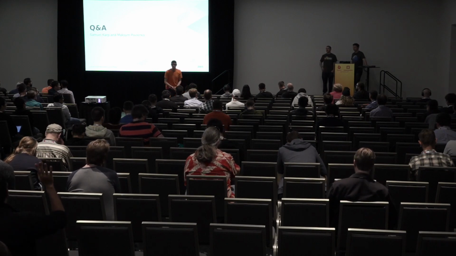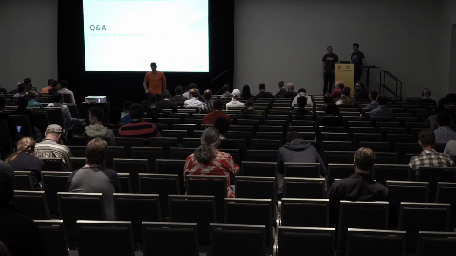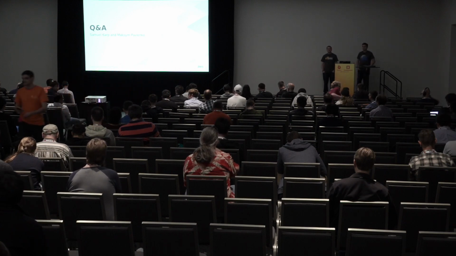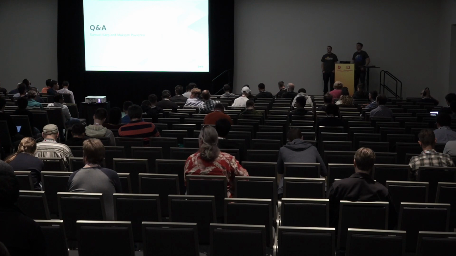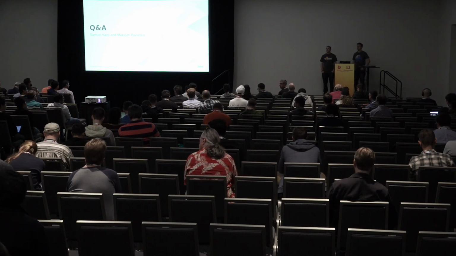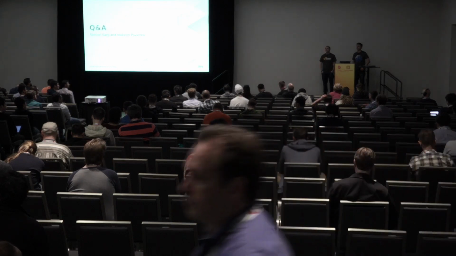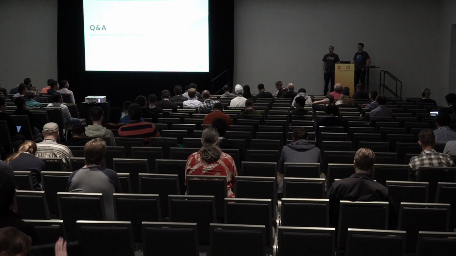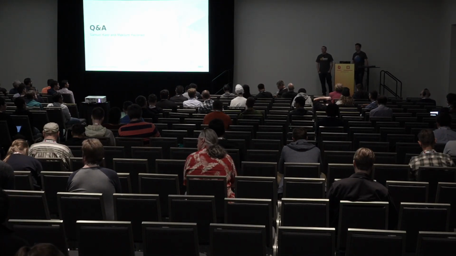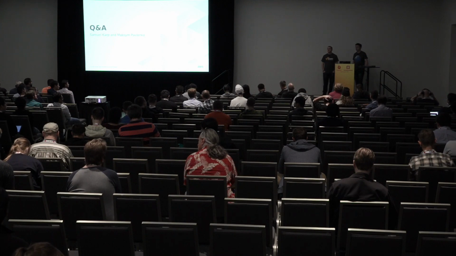I think there's one in the back. Does your containerd plugin work with Kubernetes? You didn't show that part. How does it integrate back to Kubernetes? I can't hear very well, but you're asking if this integrates with Kubernetes, is that correct? Yes. How does it work with Kubernetes? You didn't show that part.